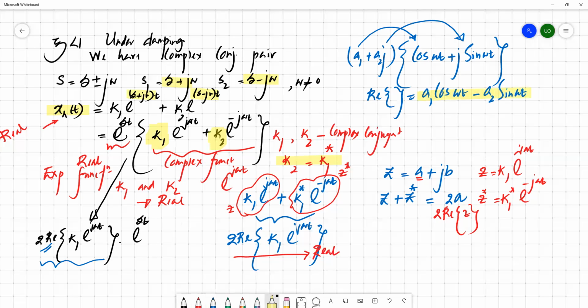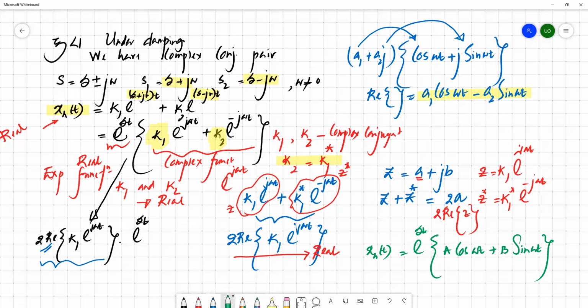If you absorb this 2 into a1 and a2, we can claim that the natural response would be in the form of e to the power sigma t into a cos omega t plus b sine omega t.